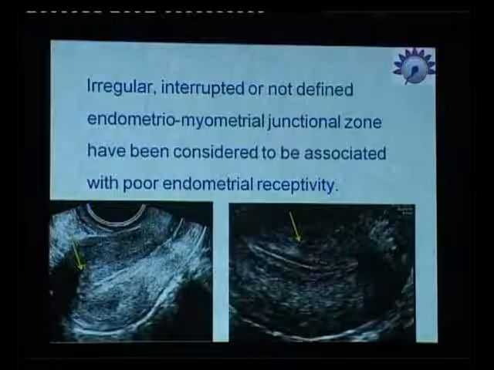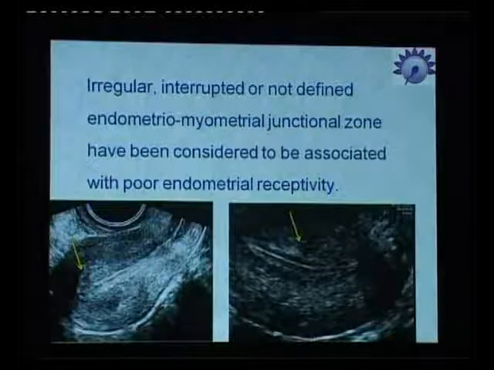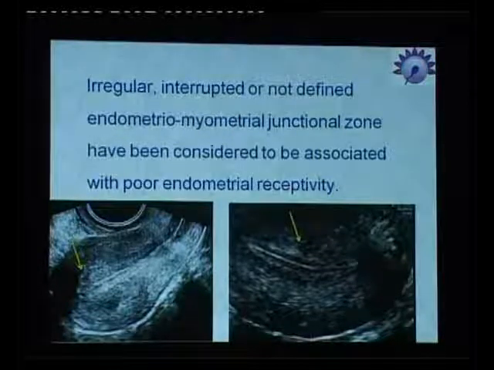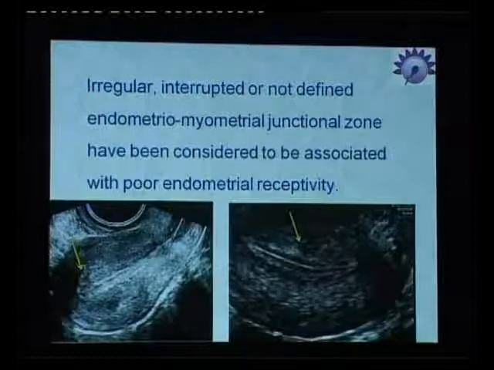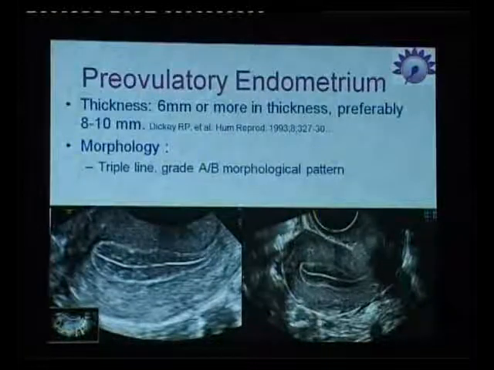An irregular or an interrupted endometrium, or even if there is a differential thickness of the endometrium, it is a strong indicator of either adenomyosis or endometritis, and therefore a poor endometrial receptivity. Of course, we know the endomyometrial junction is also affected in malignancy, but we would not discuss that now.